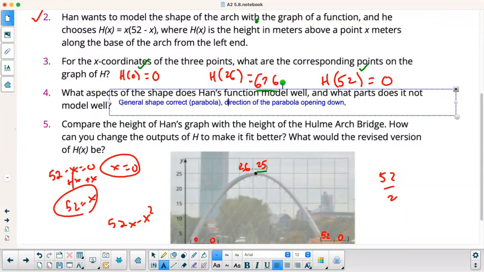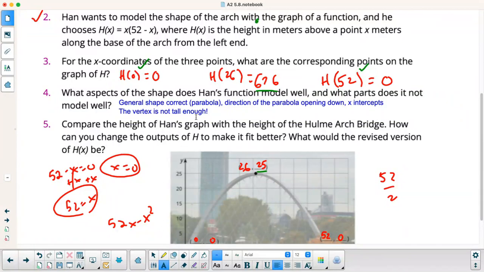And he got the direction of the parabola opening down correct. He also got the x-intercepts correct. But the problem is it's not tall enough, okay? The vertex is not tall enough, okay?